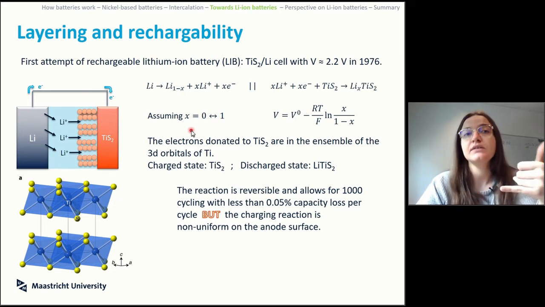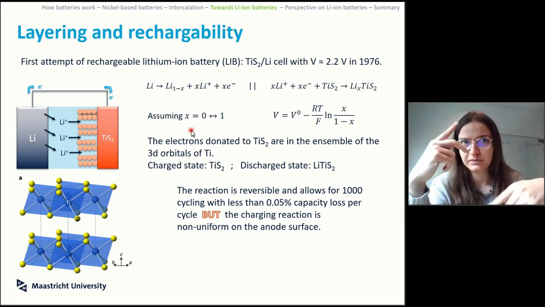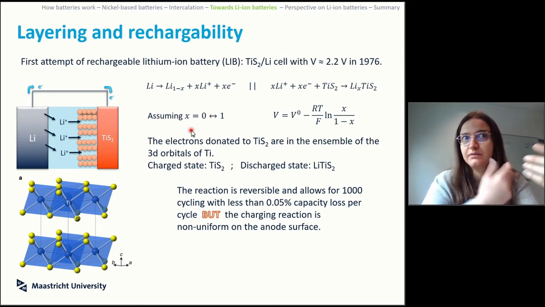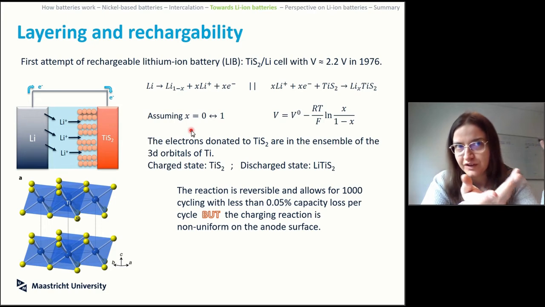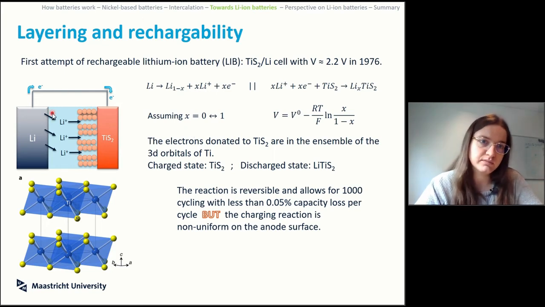If you then give it a potential, so you apply the difference in potential to the battery by plugging in your charger fundamentally, then it will go the other way around. It will spit the lithium out and bring it back to the main lithium metal to reform your stuff. Nice, reversible. 1000 cycles with 0.05% loss of capacity, very nice.